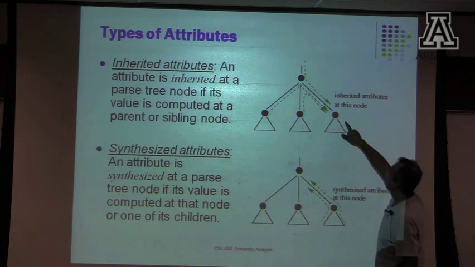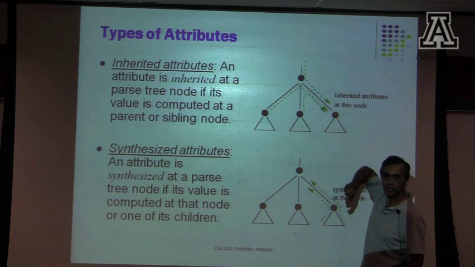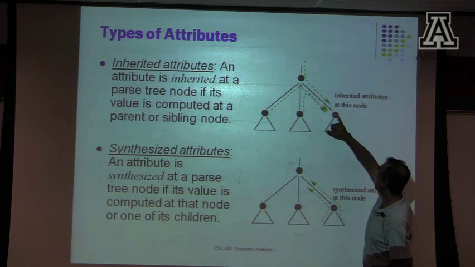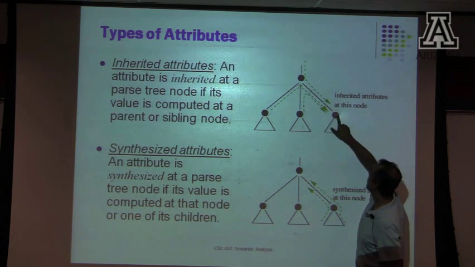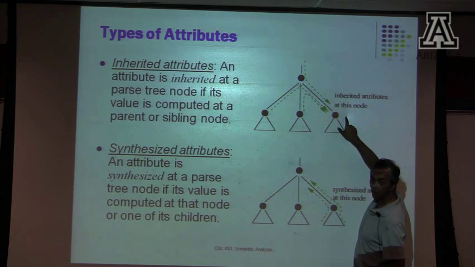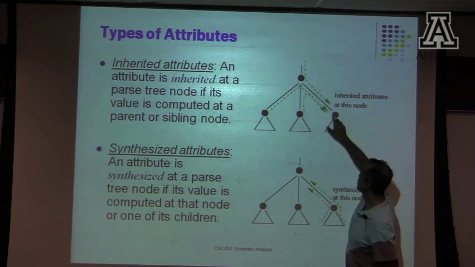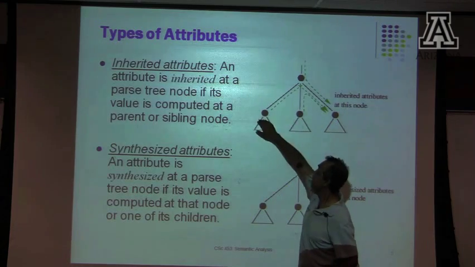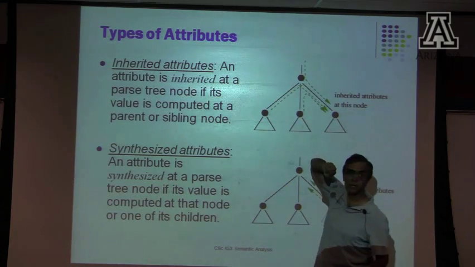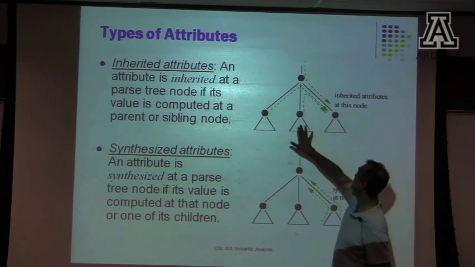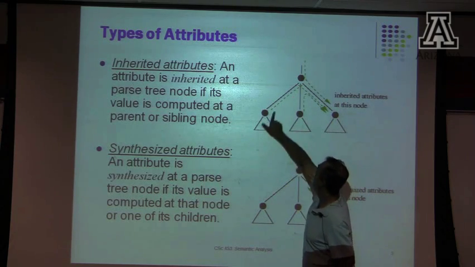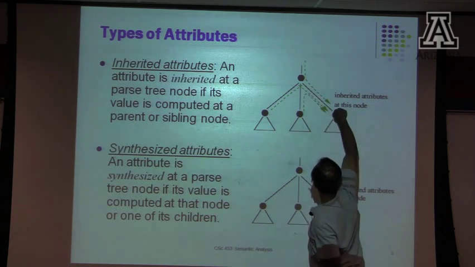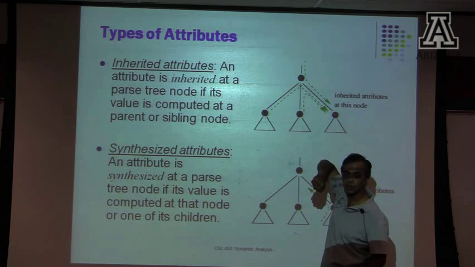Now, there are two ways in which I can compute the value of an attribute over here. The value of this attribute can depend on and be computed from the value at sibling nodes or at a parent node. So you have information that's coming from the side, and it's coming down the parse tree into this node.